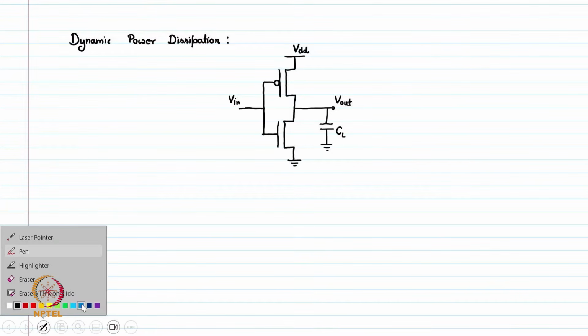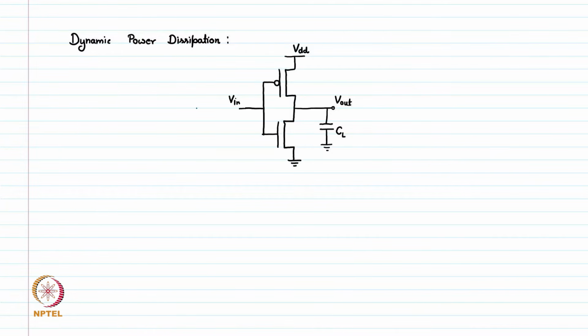Now in this circuit, we are applying an input which is going from a high value to a low value. The input is initially high and the input is now changing to low. When the input is high, it means the output was low initially and the capacitor was discharged to ground, because NMOS was on and PMOS was off.